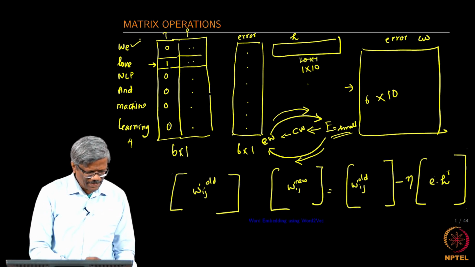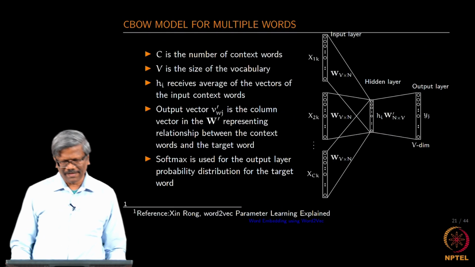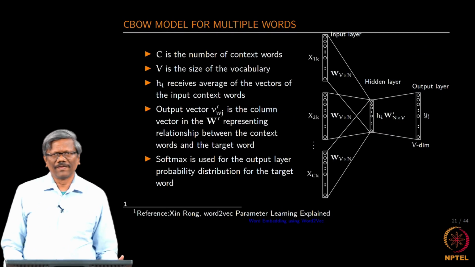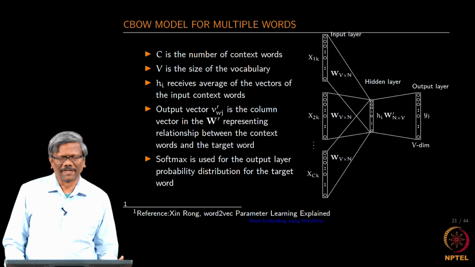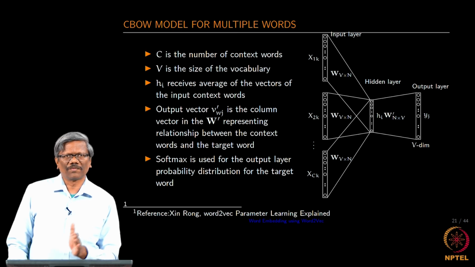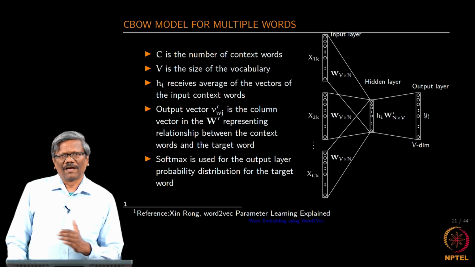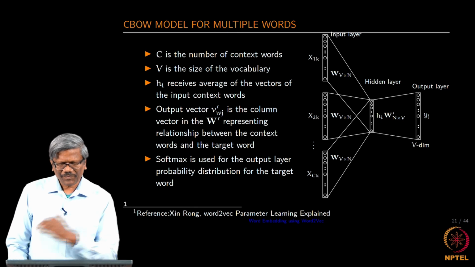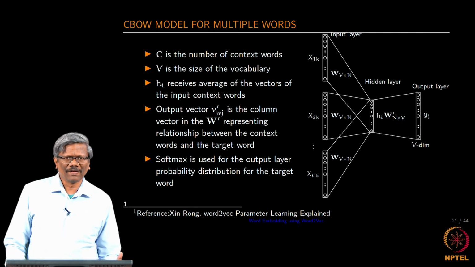All right. So, now let us take the same thing and extend it to multiple context words. When you have multiple words, how do you take this forward? I am going to be talking about only the CBOW model, and I am going to be providing an example in the skipgram model as well using a Python program. Okay.